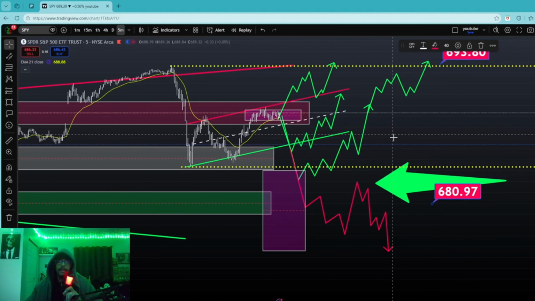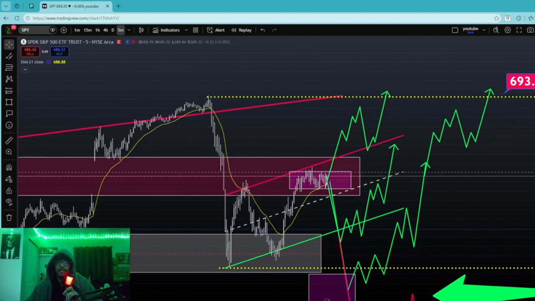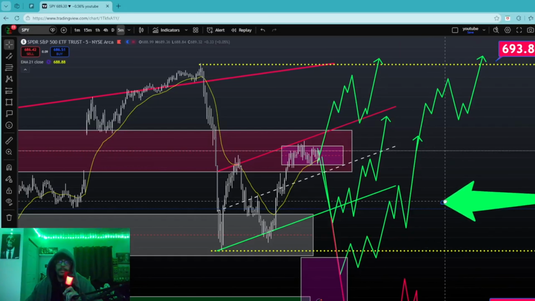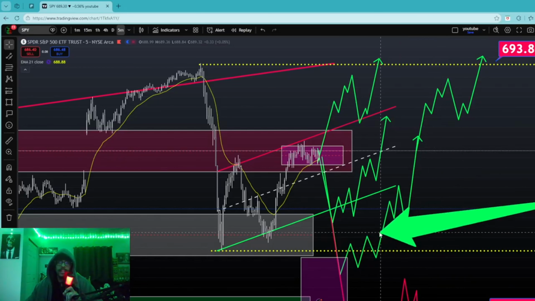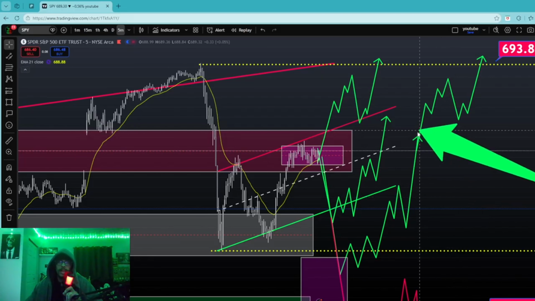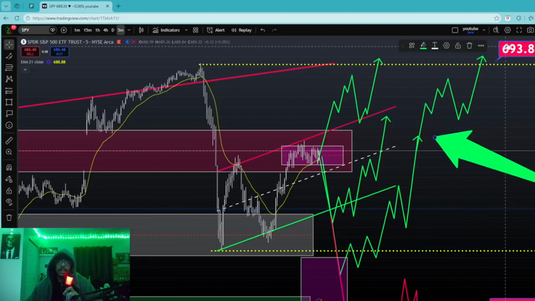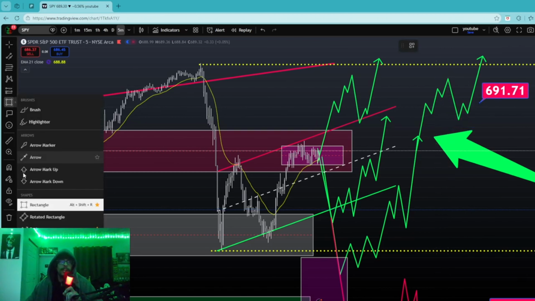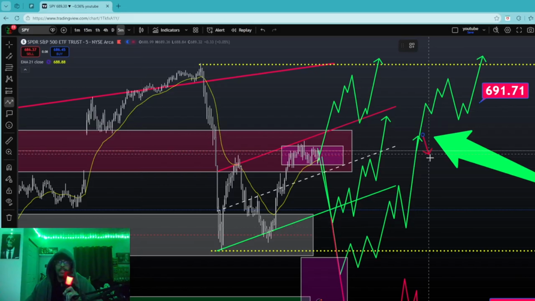Other than that bear case scenario, you do have some moments of being bearish as well. The first one being, if we go down to this secondary move right here and we push up, we have to pause at that 690 area, because you do have the opportunity for the market to reverse, and in this situation it's more than likely going to be a giant range.